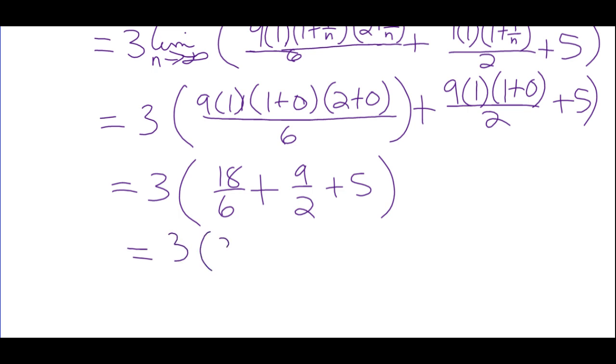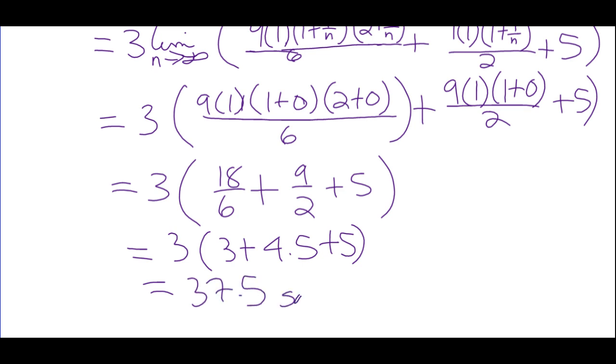So it's 3 plus 4.5 plus 5. That's exact, right? Like I wouldn't do that if that were thirds. Well, if that were thirds, it would be 9/3, but I wouldn't do it with thirds. It was like 10/3, but 4.5. Plus 5, 12.5 times 3 is 37.5 square units.